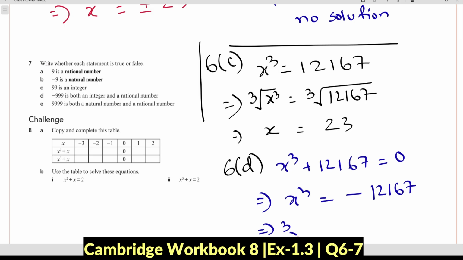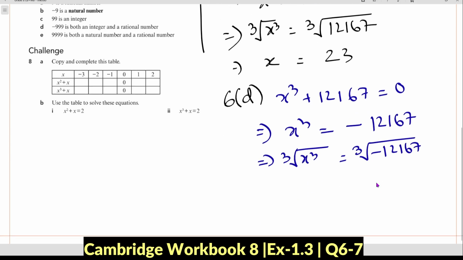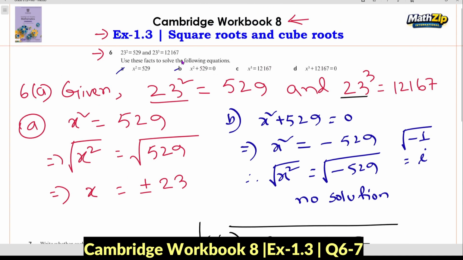So the cube root of x cube, and here is the same thing, minus 12167. So against this cube root of x cube, we will get x, and here is minus 23. This is our answer. So number 6 has done.